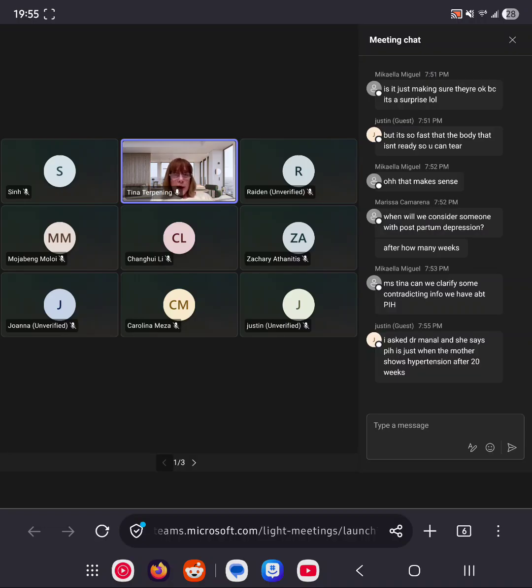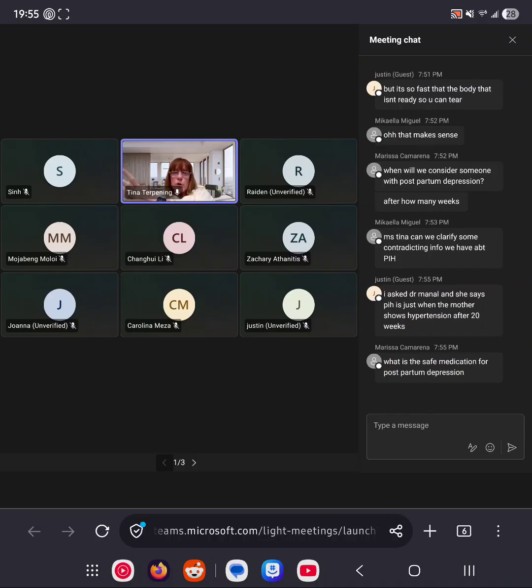If you look in your PowerPoint, I have a slide in there and it's very specific and shows you the arrows of this is gestational hypertension, this is mild preeclampsia, this is severe preeclampsia, and then of course eclampsia.